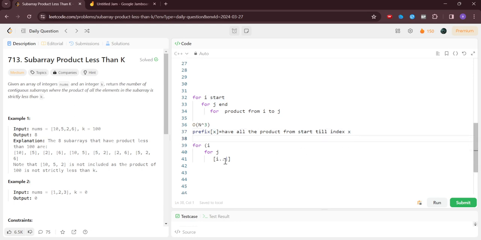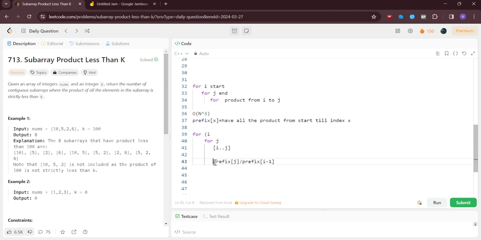Now if we want the product from i to j, then we consider the prefix of j divided by the prefix of i minus 1. So this is going to be our answer. We have the product till j, and then we divide by the product from the start till i minus 1, so that we get the product from i to j.